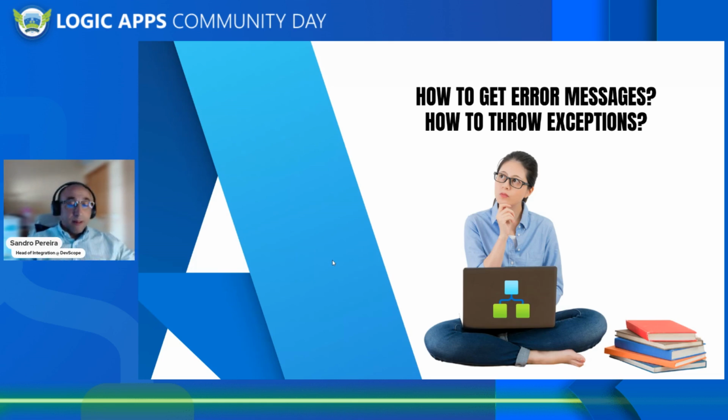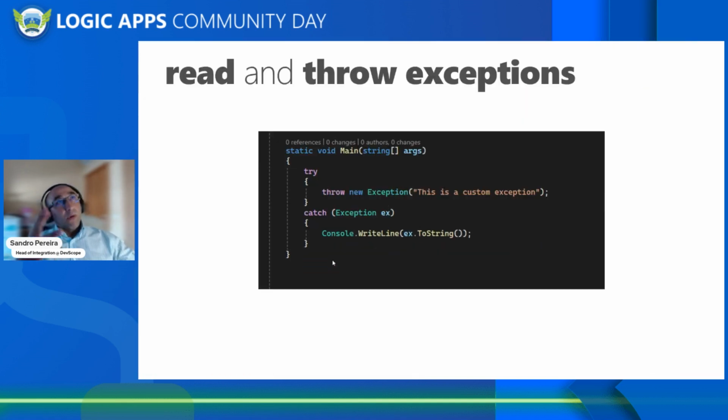These two questions appear often. And unfortunately, if you compare with C# code, to throw an exception you throw a new exception, and inside the catch we have the exception object, and we can use exception dot message or ToString to get the error message.